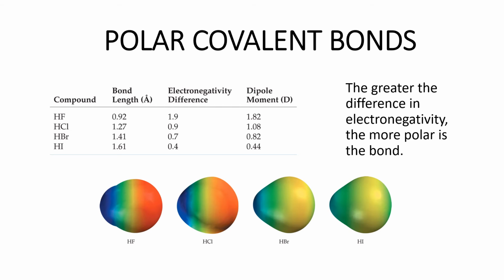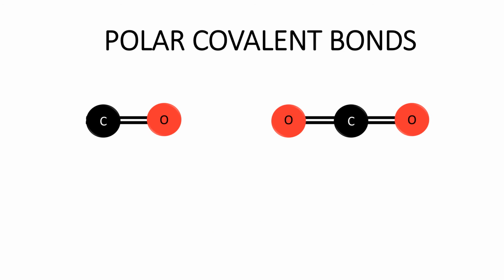And also, the distance between the two atoms also affects the dipole moment. When we apply the dipole moment to molecules, symmetric molecules sometimes do not show any dipole moment.